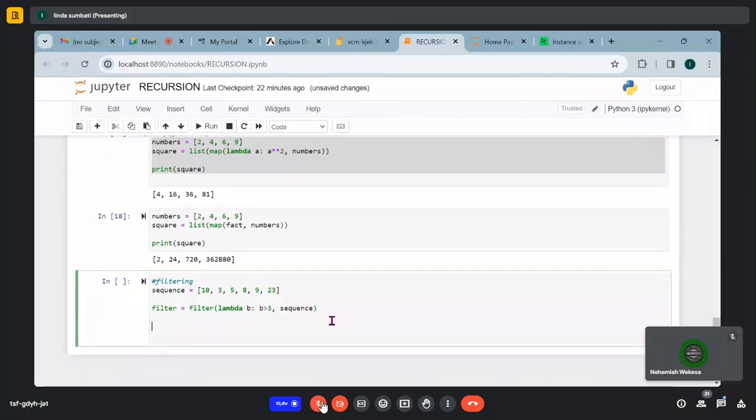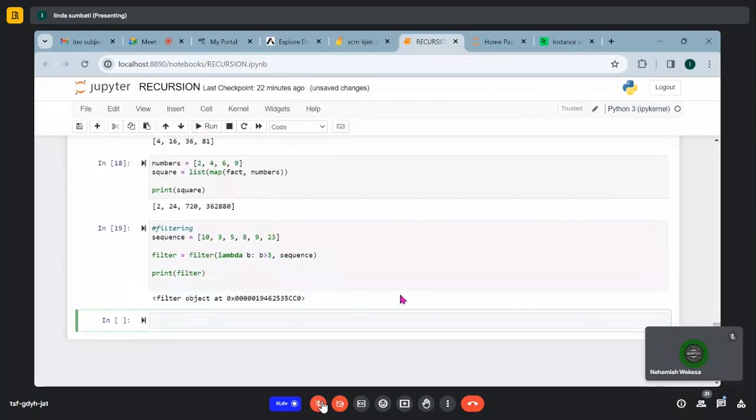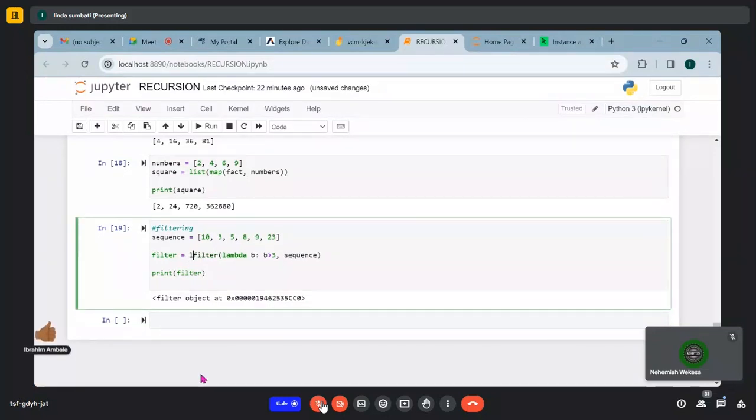So let's print the filter. You see, if you don't introduce the list, it gives you the filter object, like the iterator. This is the object. So for you to get it, you have to introduce the list.